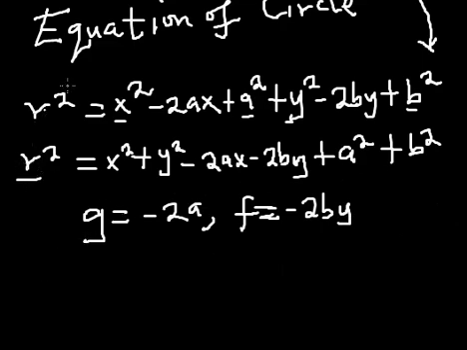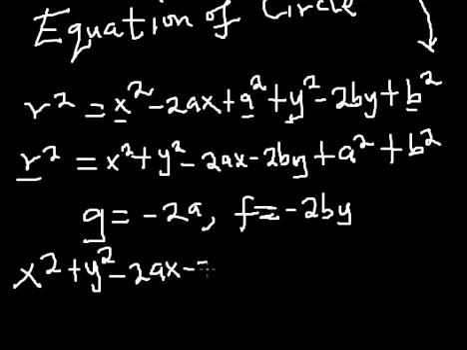I want to take it to the right side of the equation, so I'm going to write this equation this way now. I'm taking r squared to the right side, it becomes minus r squared, so I'm going to have x squared plus y squared minus 2ax minus 2by plus a square plus b square.